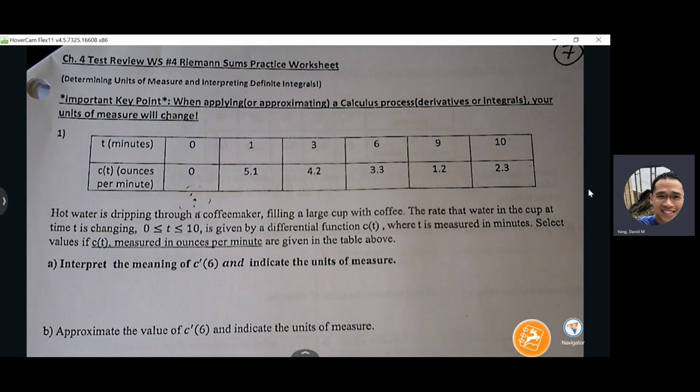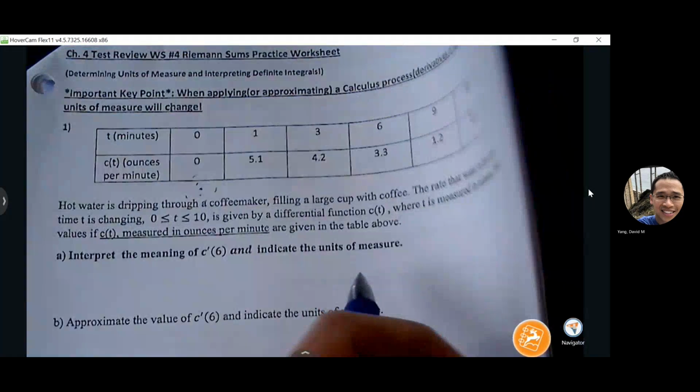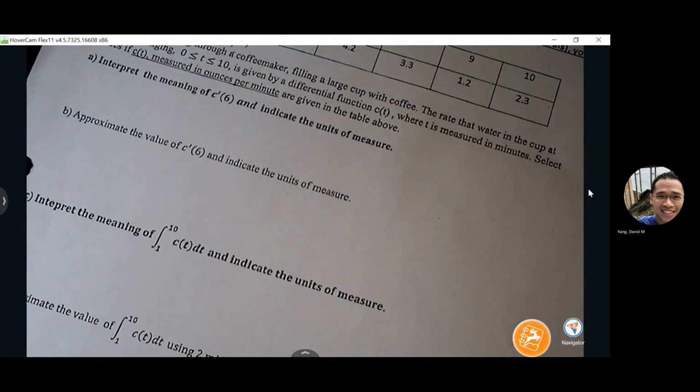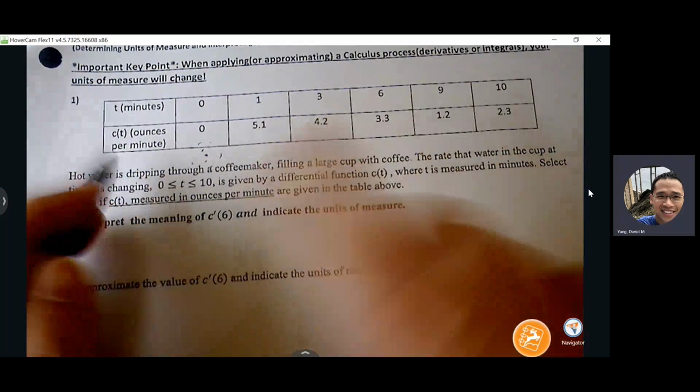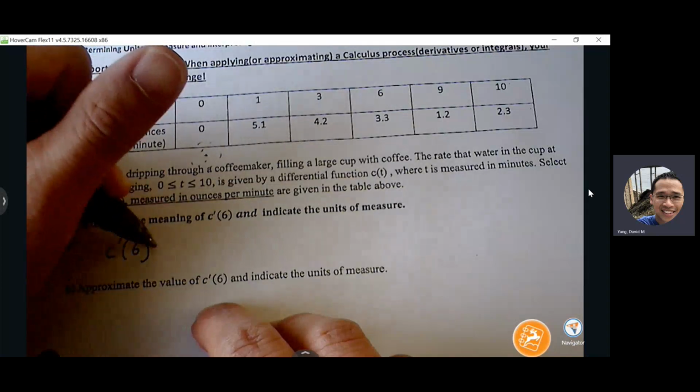It says interpret the meaning of C prime of 6. Okay, so C of 6 is off this table, 3.3.